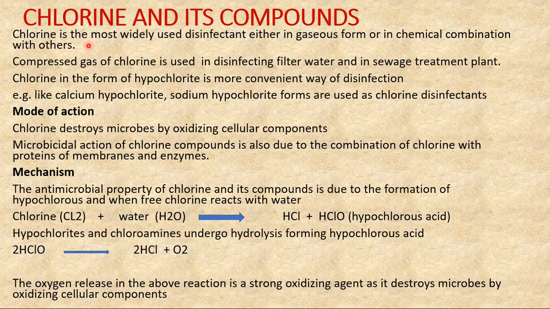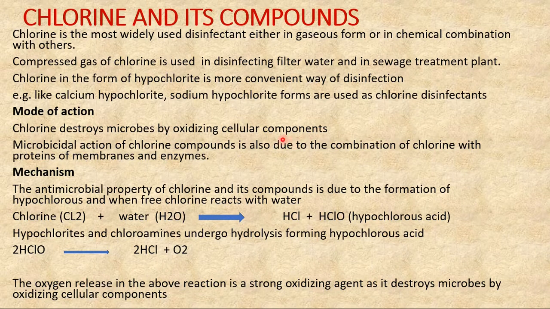So in all the forms of chlorine and its compounds, the hypochlorite form is a convenient way of disinfection, like calcium hypochlorite and sodium hypochlorite, which are used as chlorine disinfectants. Then mode of action: how is it able to kill microorganisms? Chlorine destroys microbes by oxidizing cellular compounds.